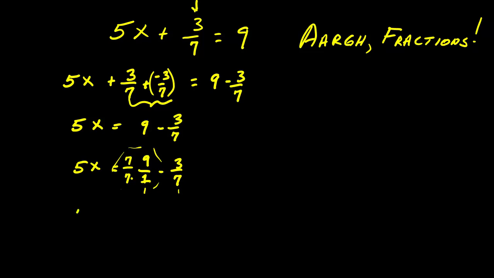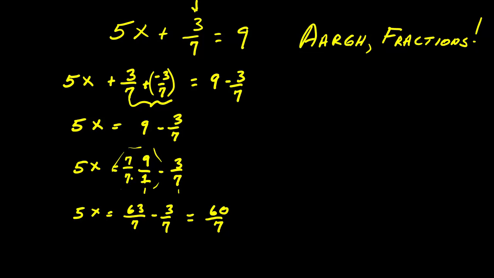So now we have 5x equals, and to multiply those two fractions, you multiply straight across. 7 times 9 is 63. 7 times 1 is 7, and then we still have this subtraction of 3/7, and now we can just do the subtraction in the numerators. 63 subtract 3 is going to be 60 over 7.